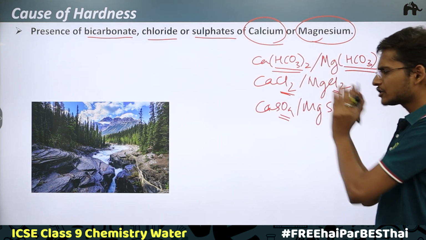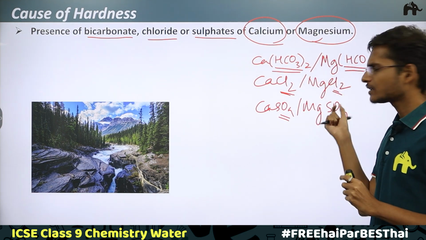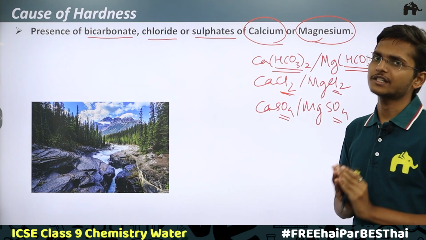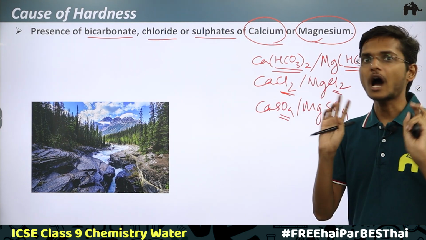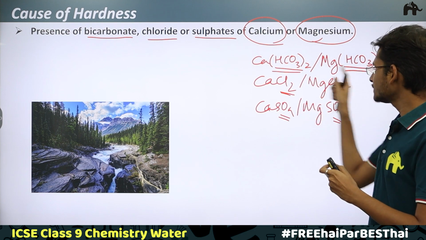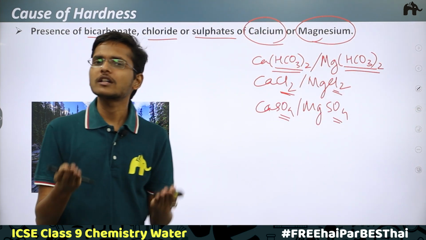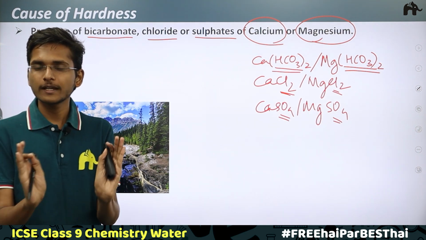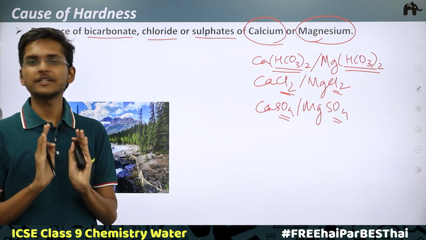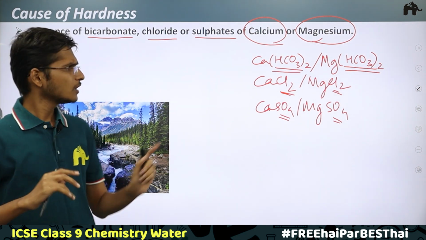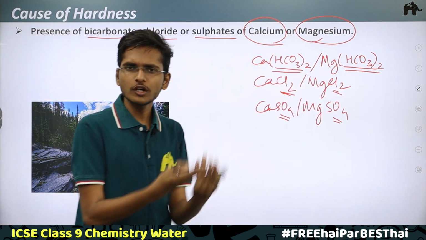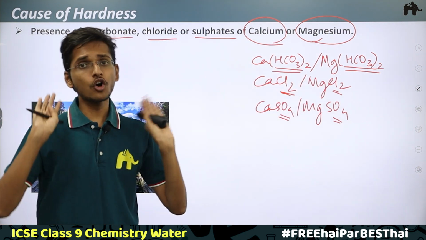So any of these 6 chemicals or 6 salts, if they are present in water, then our water is hard water. If none of these 6 salts is present in water, then our water is called soft water. Please make this clear in your mind. So apart from these salts, if any other salt is present in our water, then that is soft.